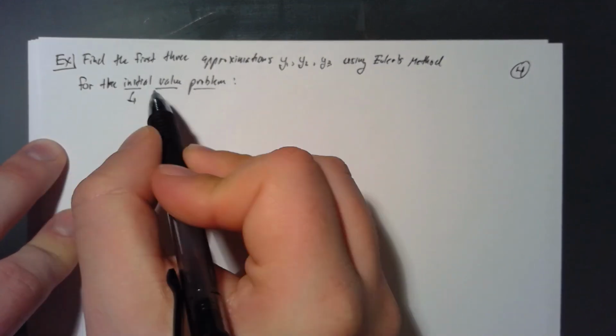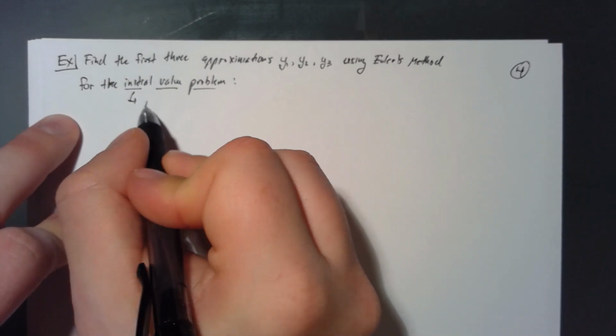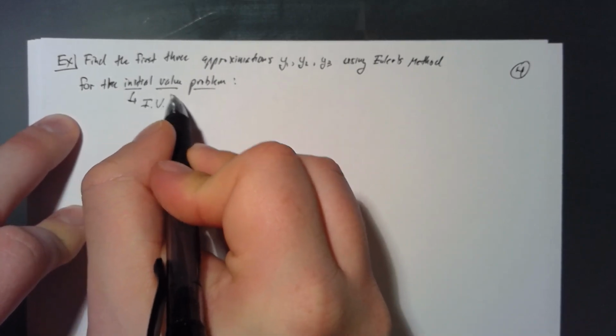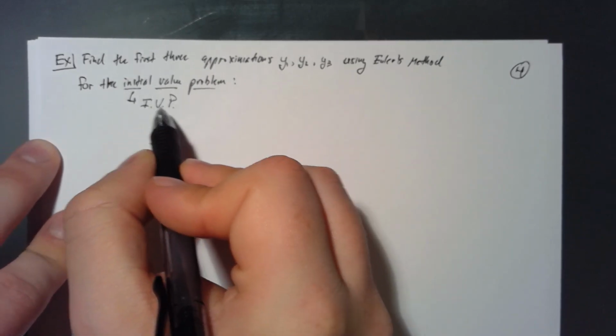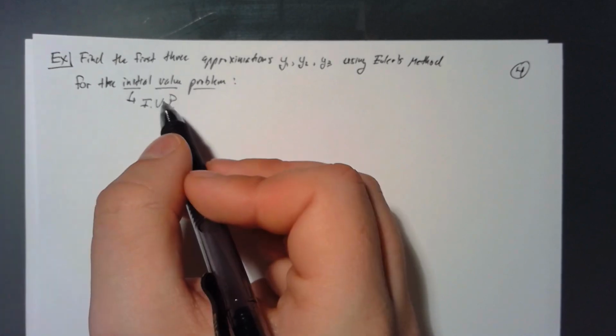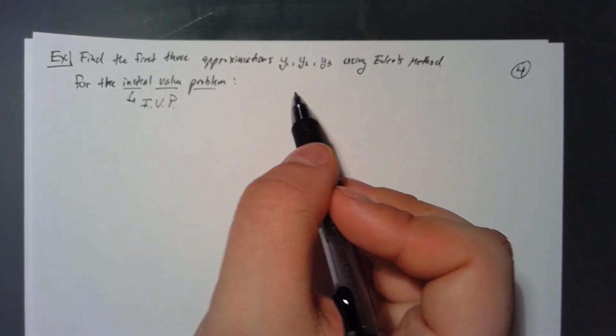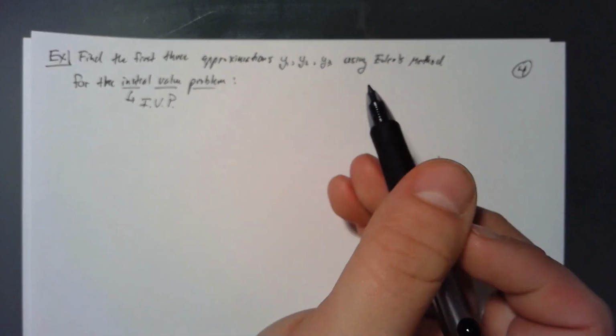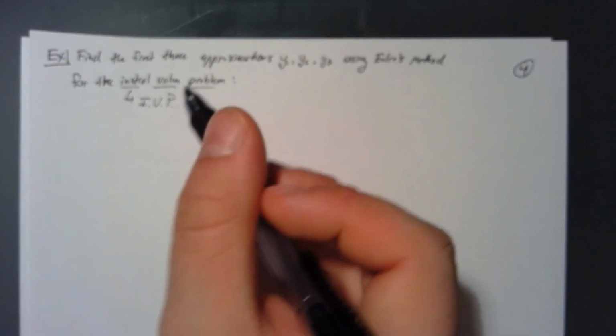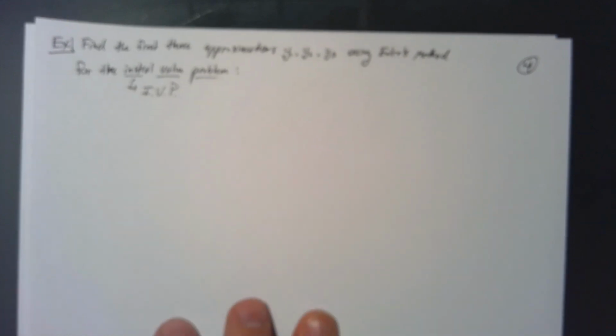In short, us mathematicians call this an IVP for short. So if I say IVP, we mean initial value problem. And all an initial value problem is you have a differential equation and an initial condition. That's all it is. And that's why it's called an initial value problem.